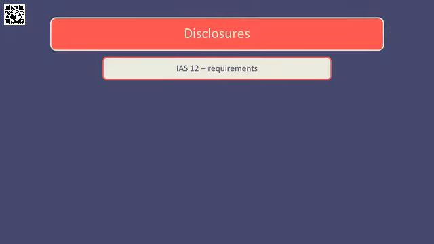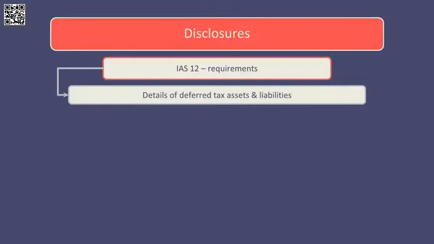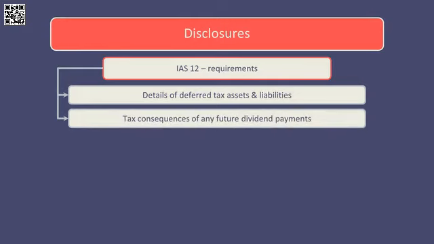And as with any standard, you will need to apply the disclosures. If no asset or liability is recognised, then no disclosure is needed. However, if there is, the following must be disclosed: details of deferred tax assets and liabilities, and the tax consequences of future dividend payments.